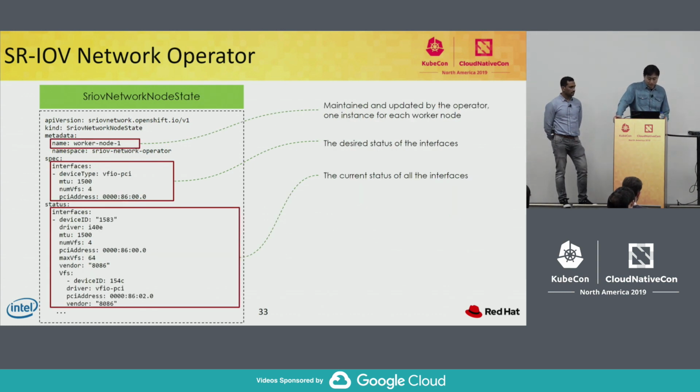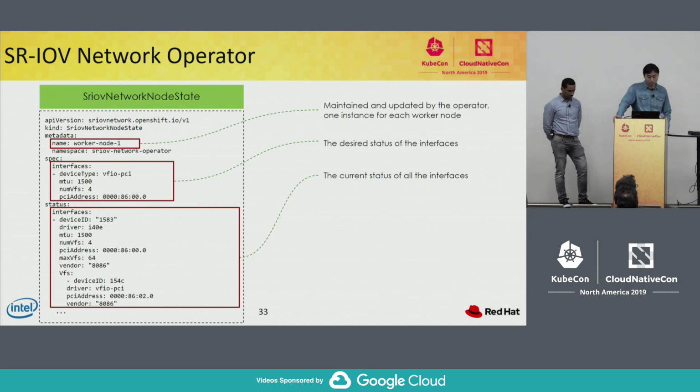Next, this one is the SR-IOV network node state custom resource, which should be only maintained and updated by the operator itself. As a cluster admin, you should not do any modification to it.